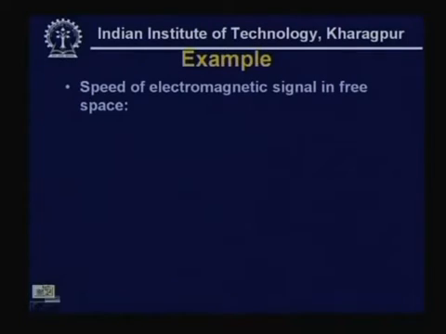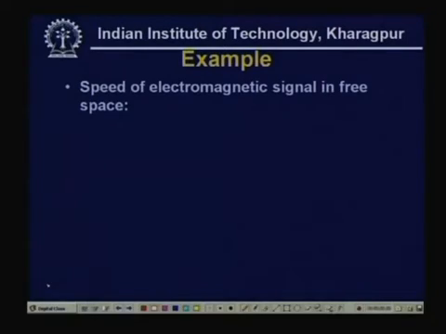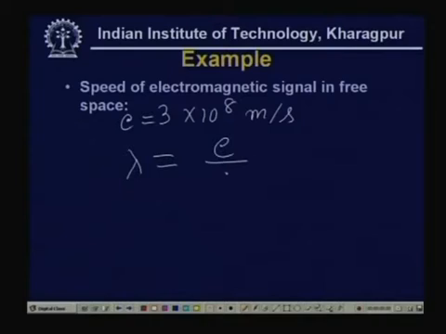Let me explain with the help of an example about the speed and frequency. The speed of an electromagnetic signal in free space is 3 into 10 to the power 8 meter per second. Lambda is equal to c by frequency, the speed of light divided by frequency.